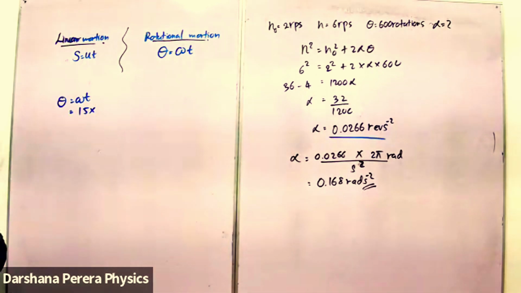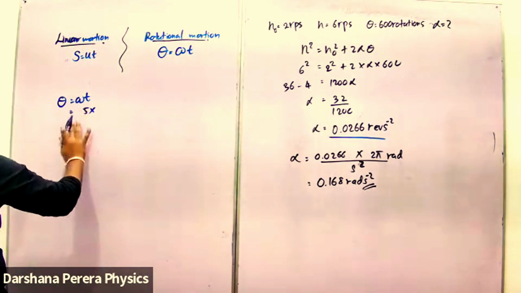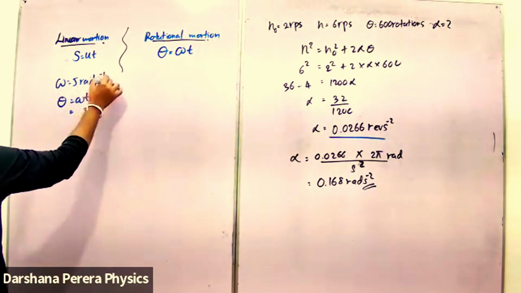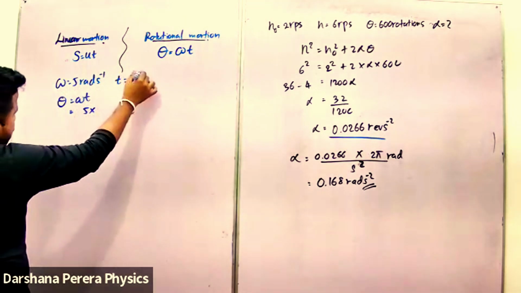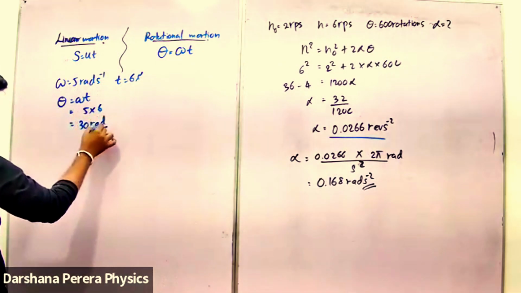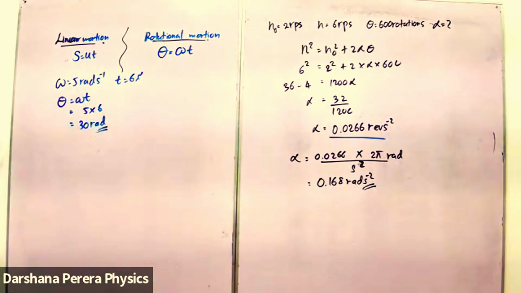Omega equals 5 rad s minus 1, t equals 6 seconds, therefore 30 radians. Right.